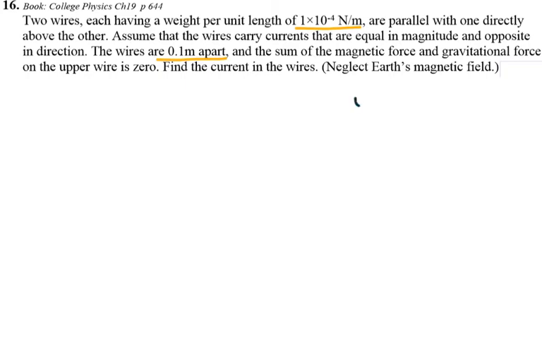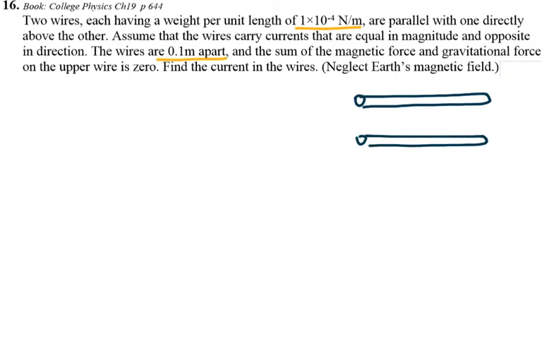So I have one wire and I have another wire. The distance between them is given, 0.1 meter apart, and the currents are in opposite directions, so maybe this current in this direction and this current in this direction.